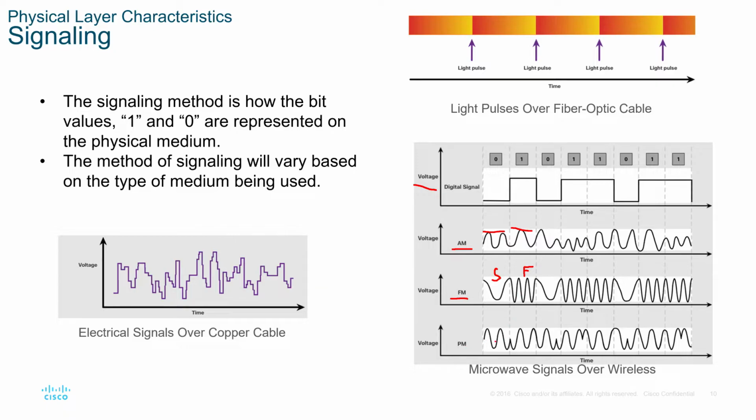The last one shown here is pulse modulation, in that where do I start the actual pulse? Here I'm starting it on the upswing. It gives me a logic 0. Here I'm starting it on the downswing, a logic 1.